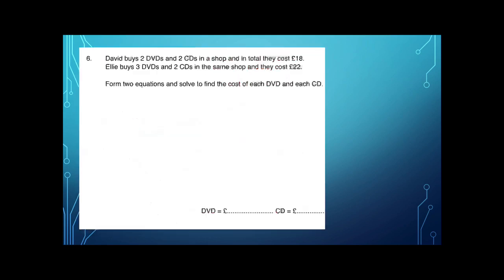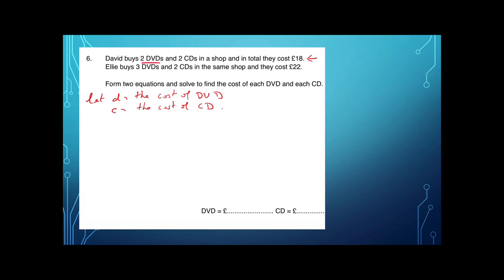Okay, this is a word question. We've been asked to set up the simultaneous equations. So let's take the first line here. David buys 2 DVDs and 2 CDs and the total cost is £18. So I'm going to say let D equal the cost of a DVD and C equal the cost of a CD.